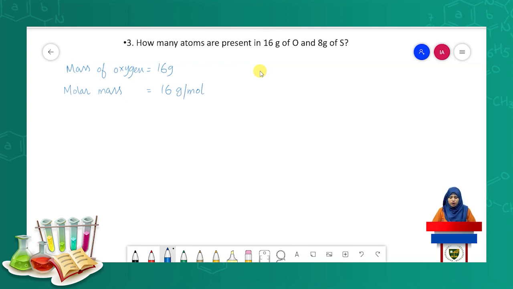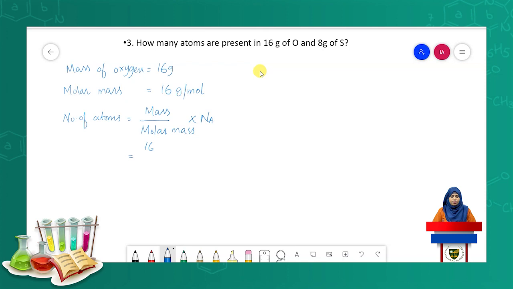So the formula for number of atoms is number of atoms would be equal to mass divided by molar mass multiply by Na, matlab Avogadro's number. Now simply put in the values in this formula.